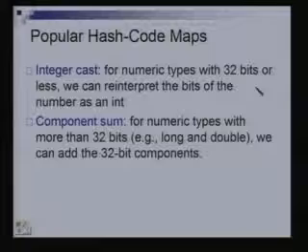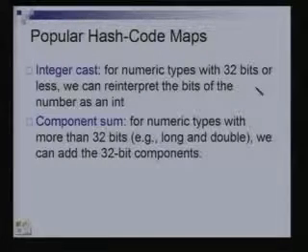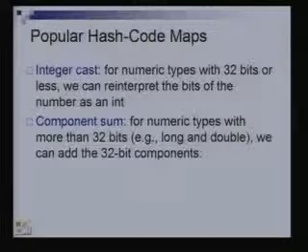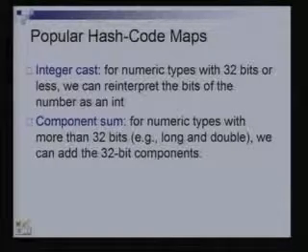If you have, let's say, a key which has more than 32 bits in it, let's say it's a long or a double real number which takes more than 4 bytes, then you can take it in chunks of 32 bits and add them up. So take the first 4 bytes, add to it the next 4 bytes, and so on, to get eventually some 32 bits, and that could be the integer you are working with.